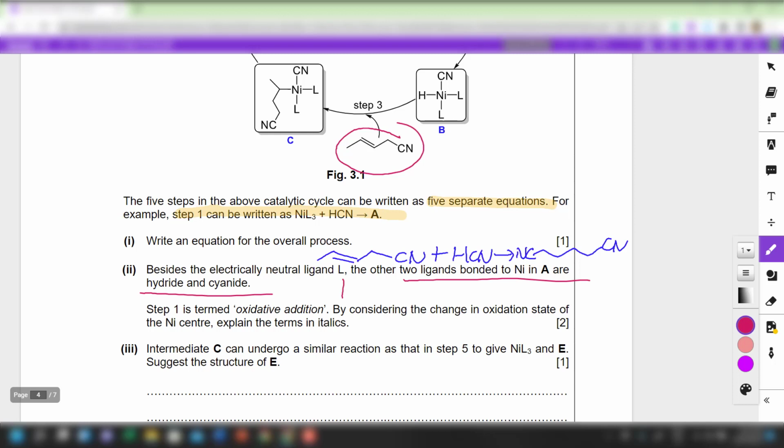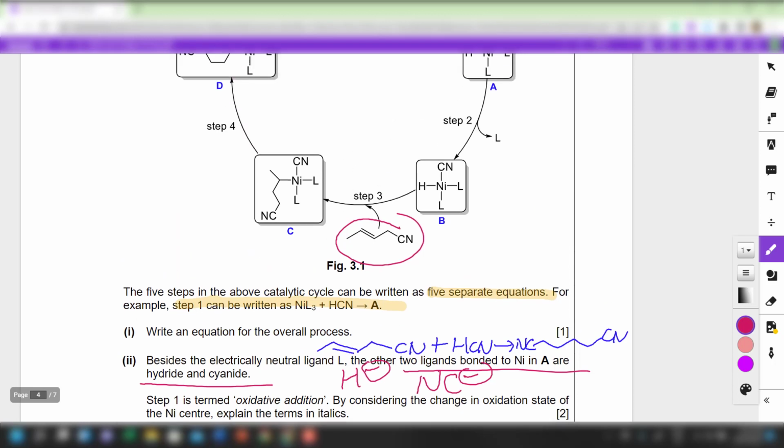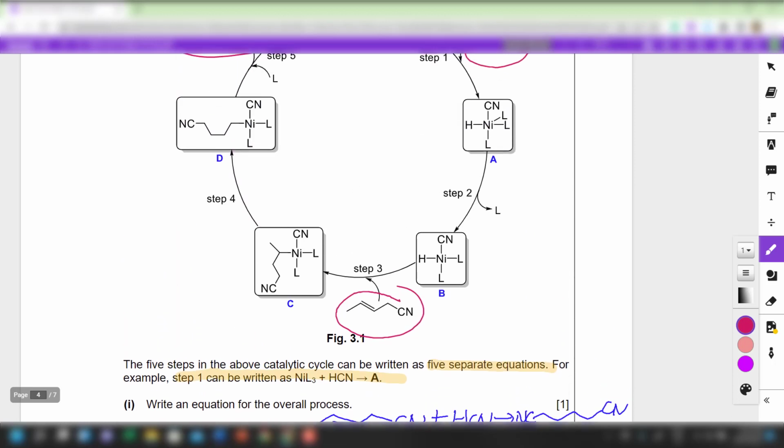Hydride, most of you are aware, is H minus. Cyanide, CN minus. Agree? So if you do a quick count, the nickel center in A has an oxidation state of +2. Correct? Because the three phosphine ligands, namely L here, do not have a charge. So CN is -1, H is -1, so +2.